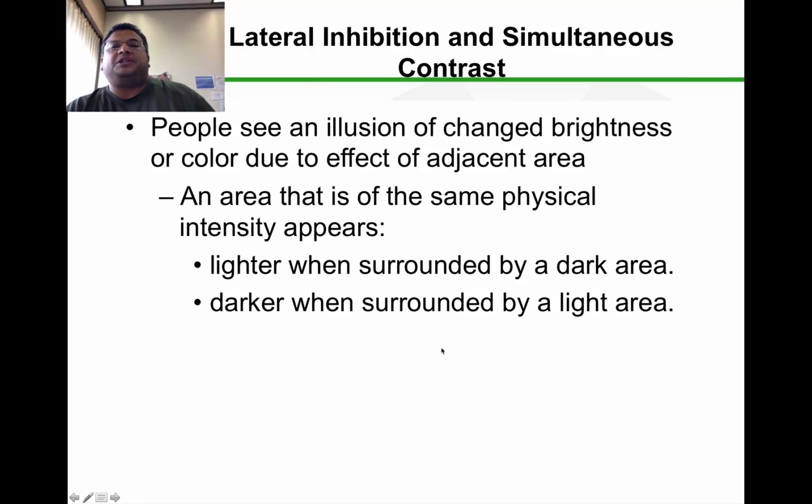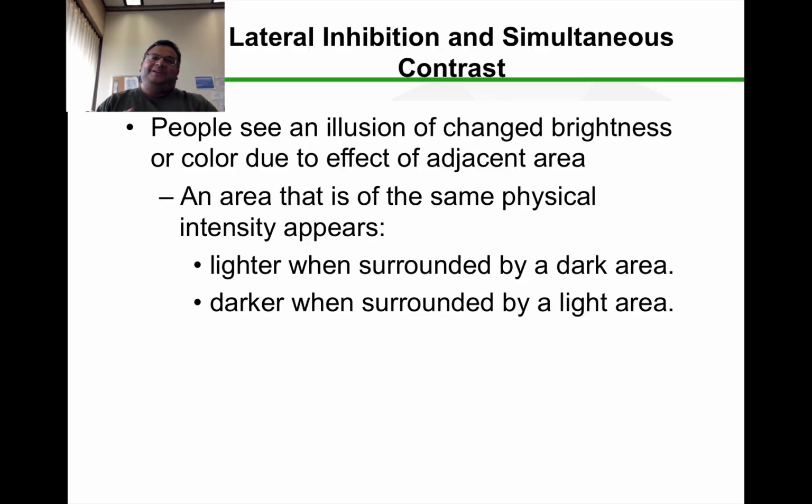So people see this illusion of changed brightness or color due to the effect of the adjacent area. The area next to something is going to change the way we perceive it. And this general rule applies: an area that is the same physical intensity is lighter when it's surrounded by a dark area and darker when surrounded by a light area.